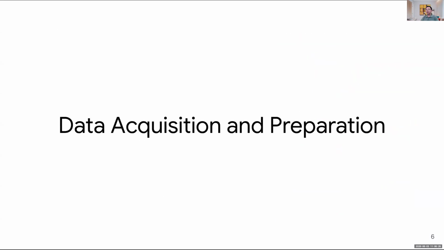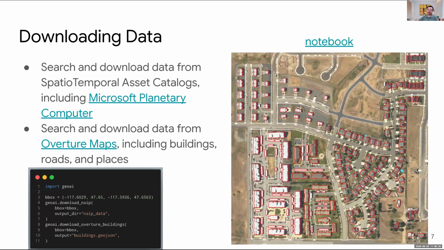First, let me talk about some of the data acquisition, the data downloading. In order to train your AI model, you need to have geospatial data. For example, if you want to train a building detection model, then you probably need some high resolution satellite data and also some building footprints.